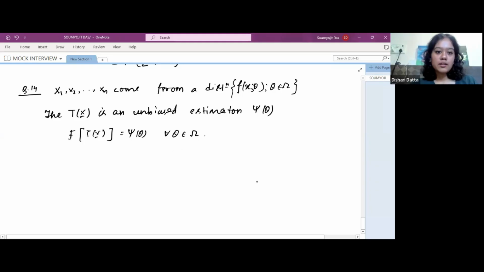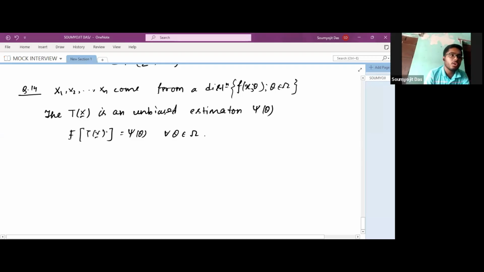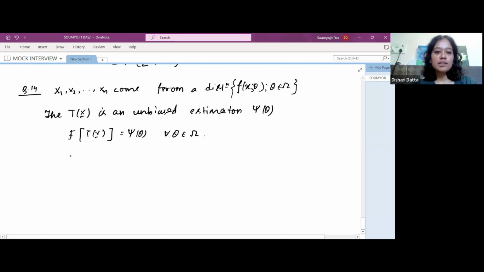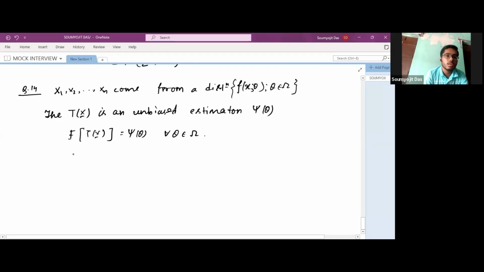Good. So, is it possible that I don't take the entire sample, just a few parts of it, and still construct an unbiased estimator? Yes, ma'am, it is also possible. We can take only one sample point. So why do we always take the entire sample in all the theorems? Better information.